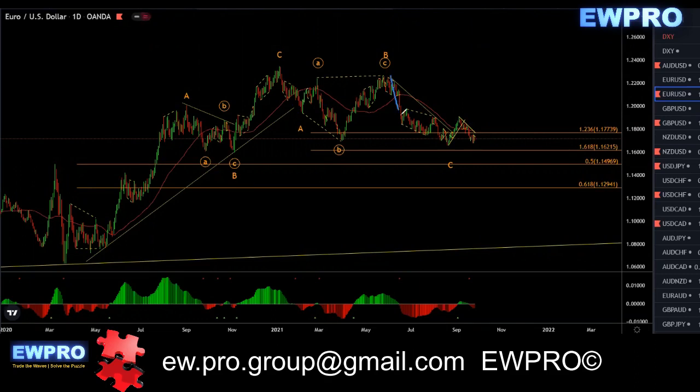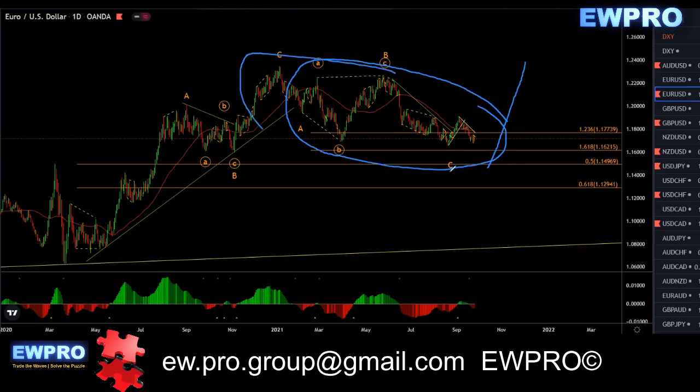So, like I said last week, we can get A, B, C in here, another one to go and break the low for an A, B, C, and then we may get more upside. This is looking, you know, like the DXY. All this is looking corrective for more upside, but where does the correction end and what sort of correction is this?